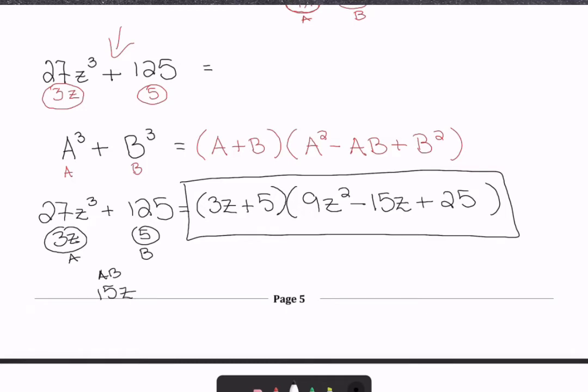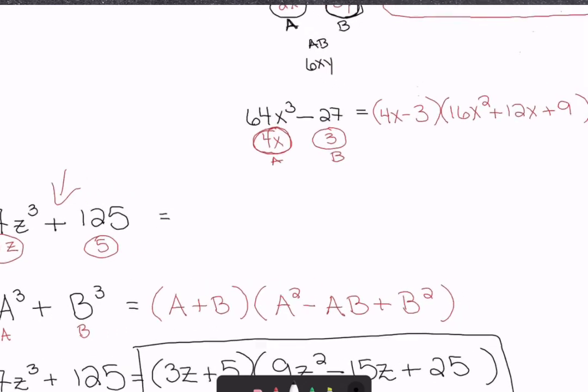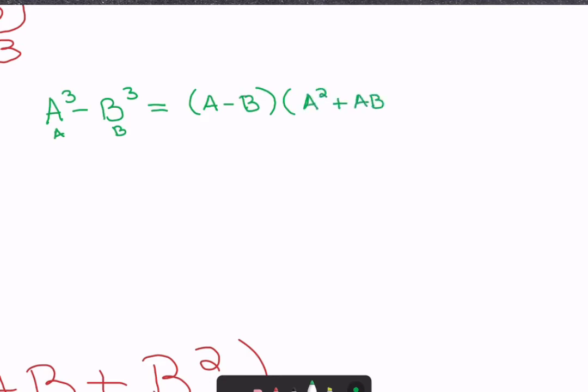Okay. But the formula is something you have to remember. So let me write these formulas side by side real quick, just to make sure we see them. I just want to be able to see them side by side. So I have the difference of cubes, where you take the cube root of each term, you write it once with the minus sign, a minus b, then you do a squared plus ab plus b squared.